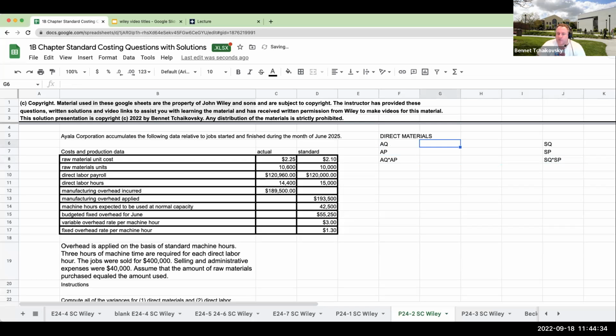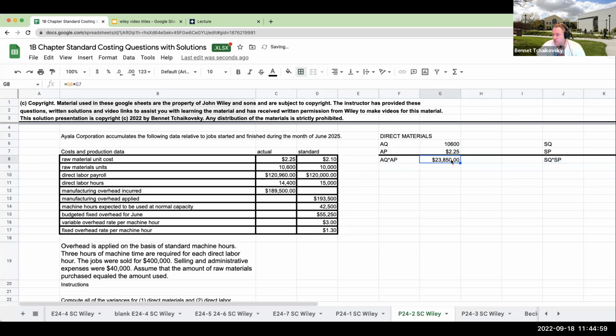My actual unit cost is $2.25 and my raw material units were 10,600, so the amount I spent on raw materials was a total of 23,850.